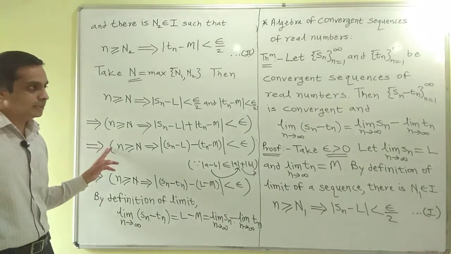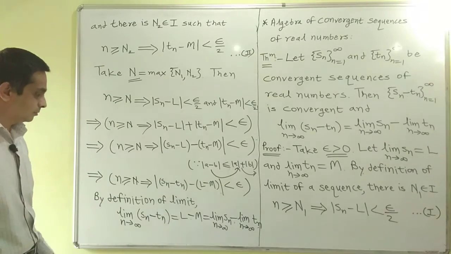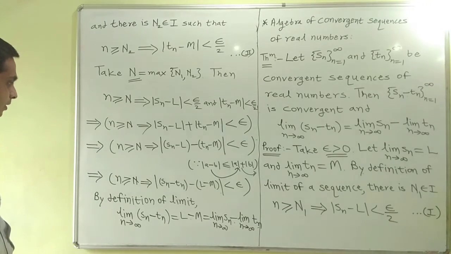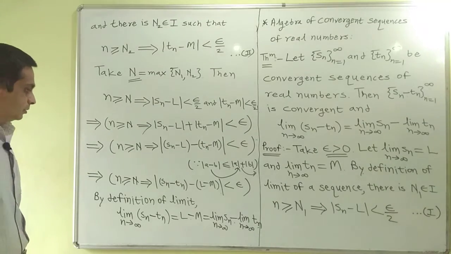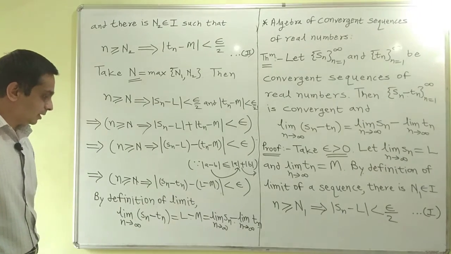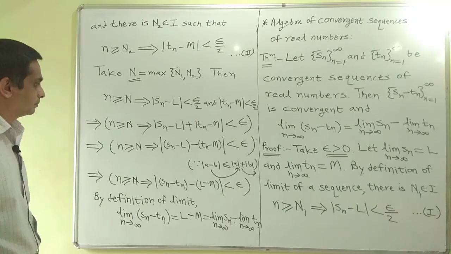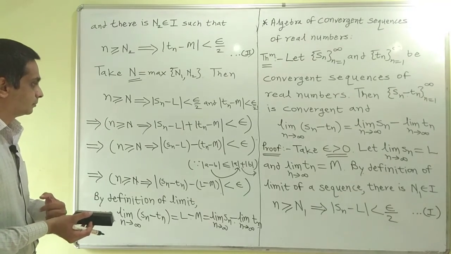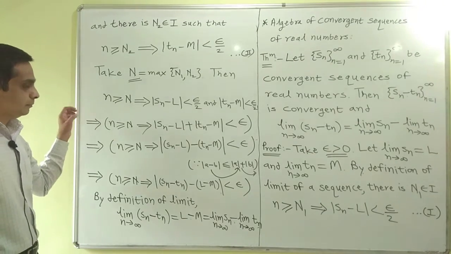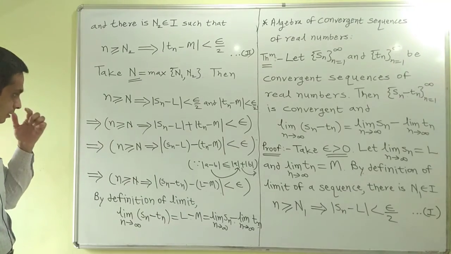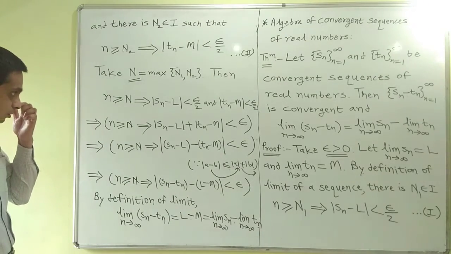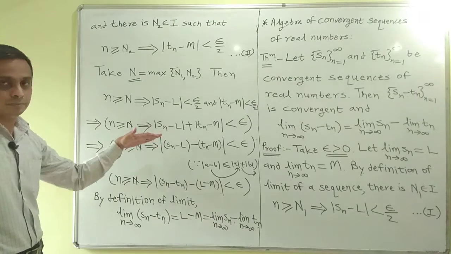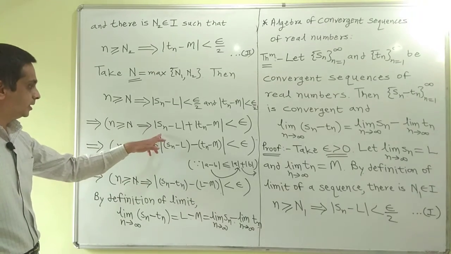With this slight change you can have this proof. Sn minus Tn minus L minus M. You can go through the proof. It is going to be similar.